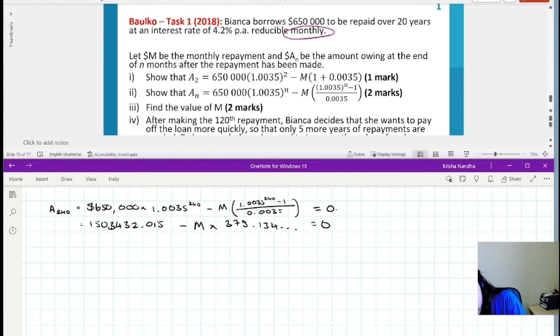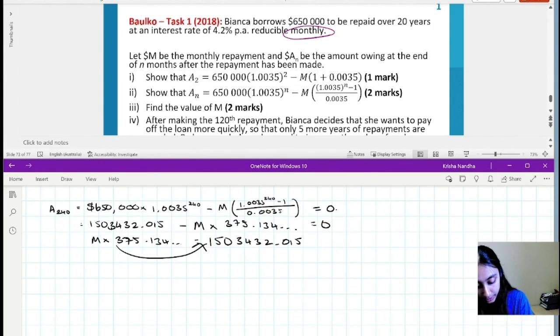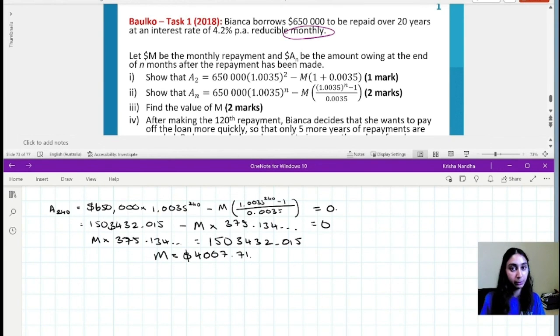So m times 375.134 and so on is equal to 1,503,432.015. Dividing over to the other side, I get that m is equal to 4,007.71. So each month, Bianca has been paying $4,007.71 to the bank.